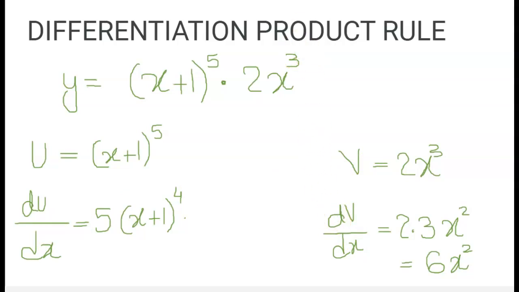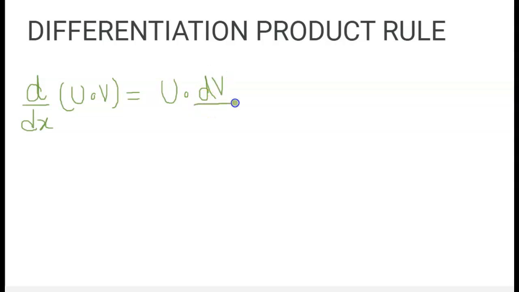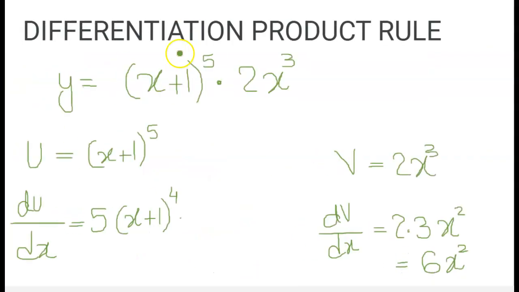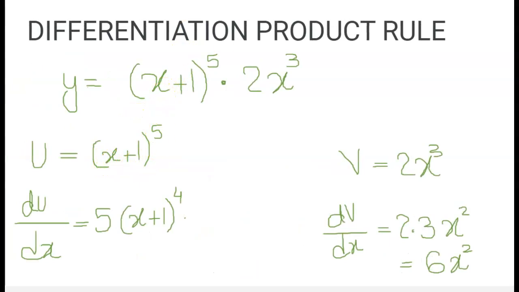Now according to the product rule, I am going to put that one in the product rule. So the product rule was, if I got d over dx of u dot v, it's u times dv over dx plus v times du over dx, and now we'll just input the values here. The value for the u from the previous one is (x plus 1) to the power 5.